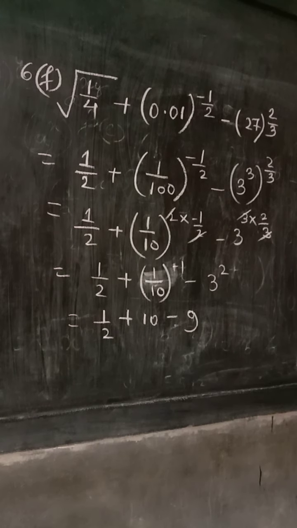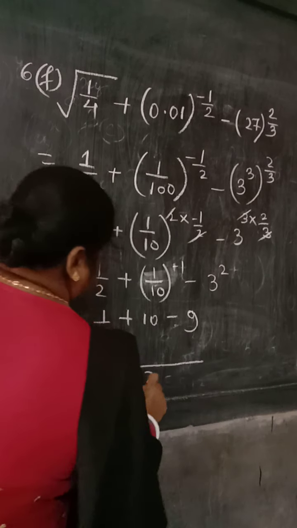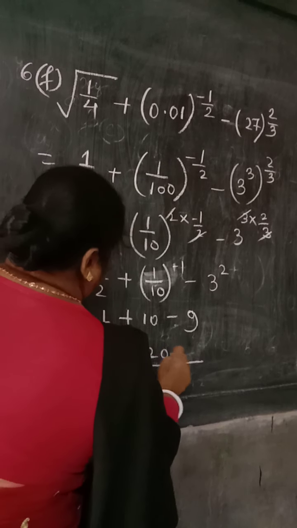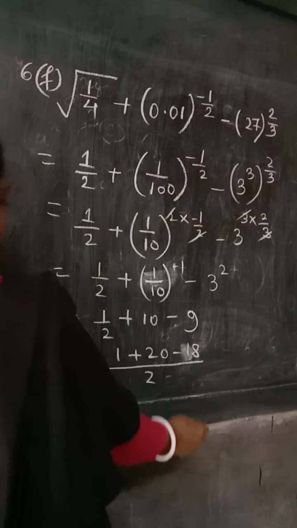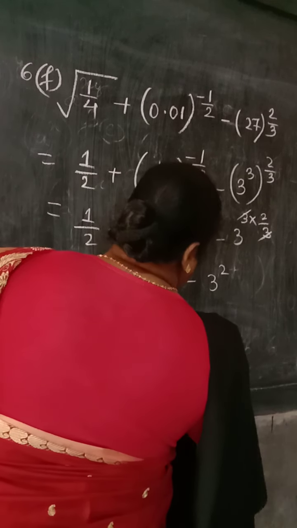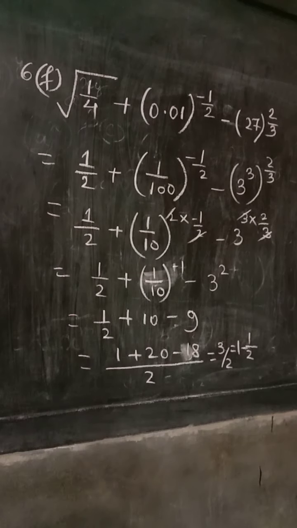Now when we will solve this, LCM is 2: 1 plus 20 minus 18, or 3 by 2, 1 whole 1 by 2. The answer would be 1 whole 1 by 2.